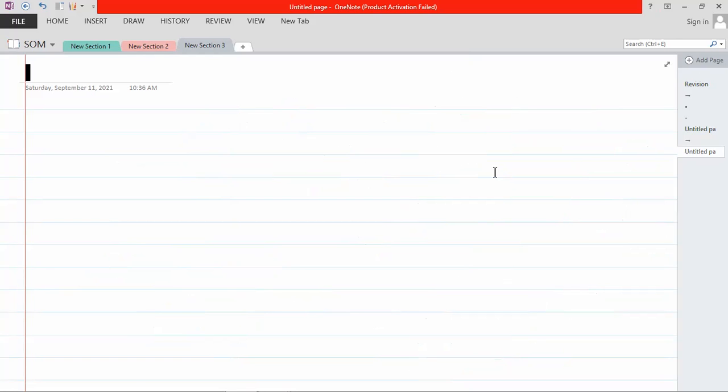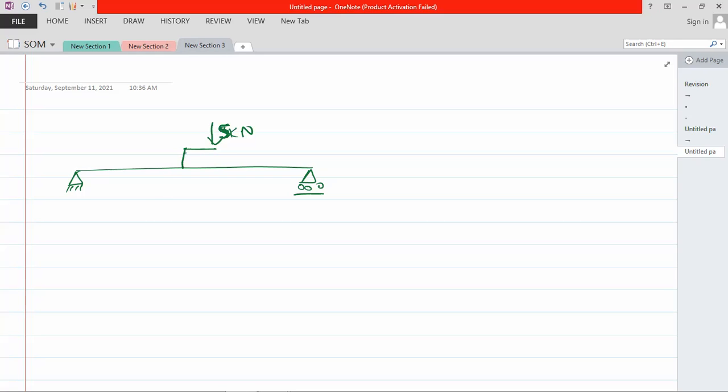Now going with the shear force diagram and bending moment diagram. Suppose a load is given on a beam. This is the reaction support, and you have a load of 5 kilonewton at this point.